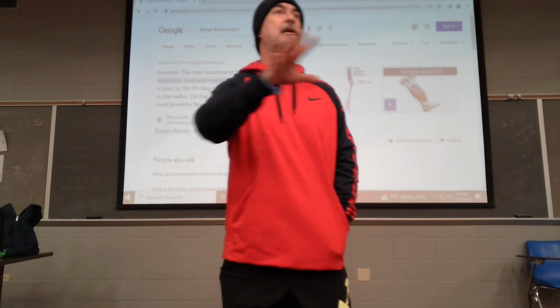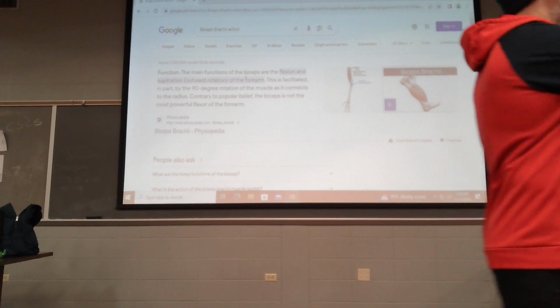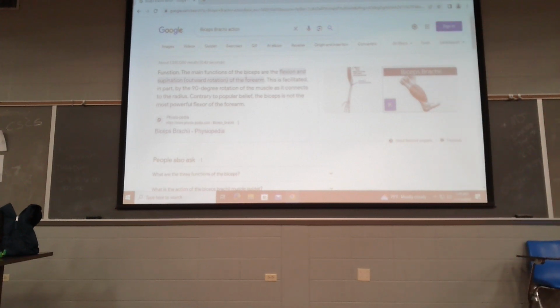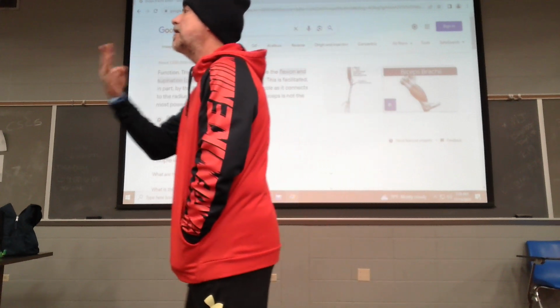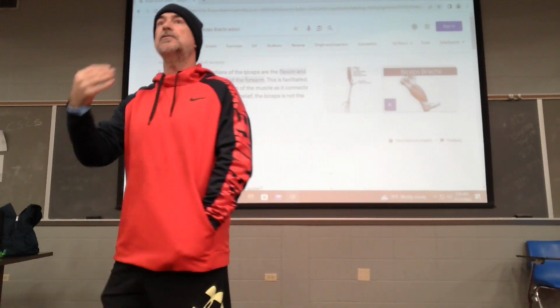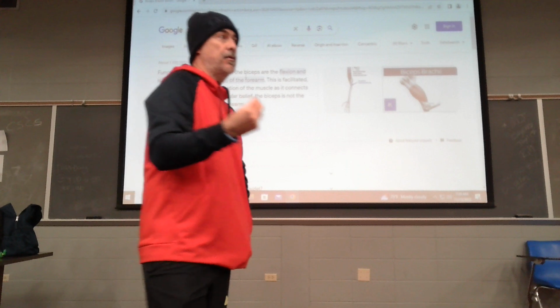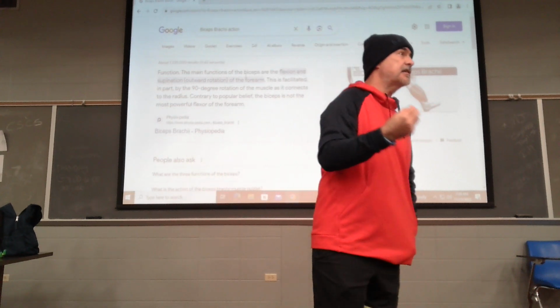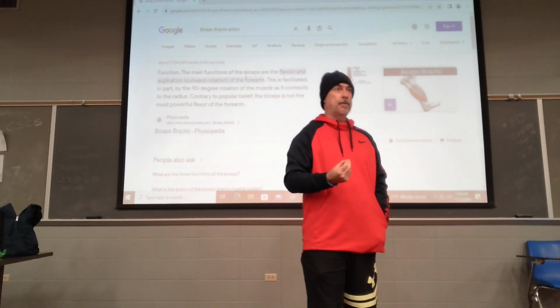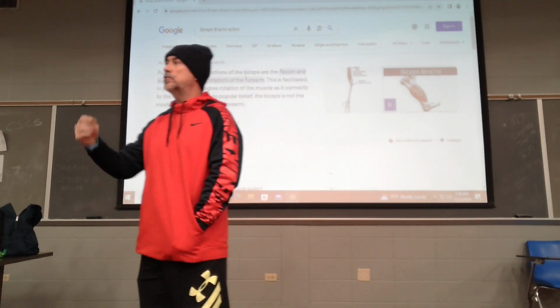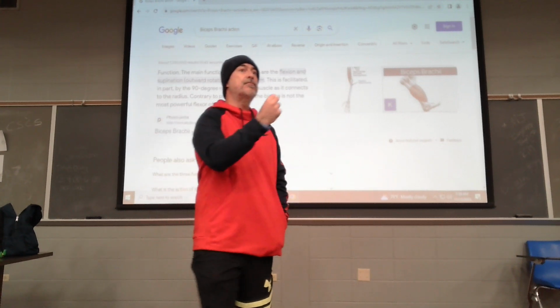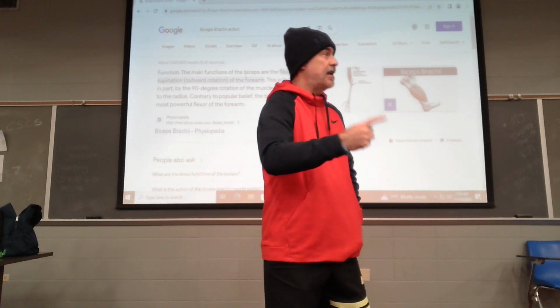So the key thing here is when we talk about muscles and we talk about motion, there has to be a third variable. There has to be a context there. And that context is contraction. We have to talk about how muscles influence motion through the context of muscle contraction.